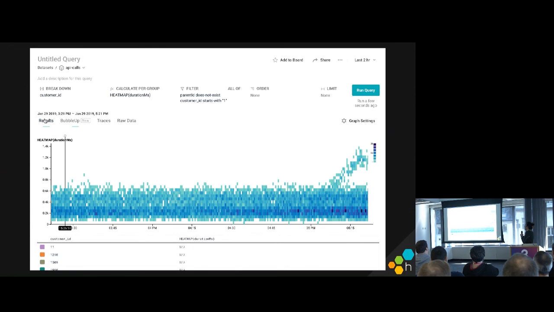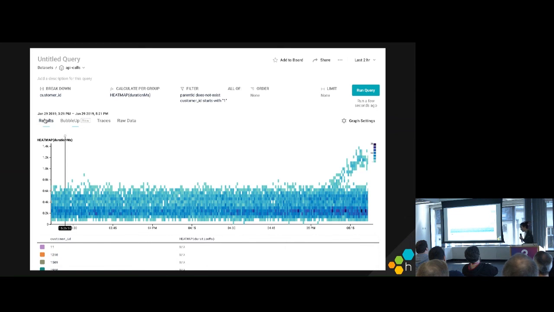Instead, imagine being able to visualize the actual distribution of latencies. The x-axis here, again, is time. The y-axis is how long each request took. The color of the dot is how many dots fell into that bucket.